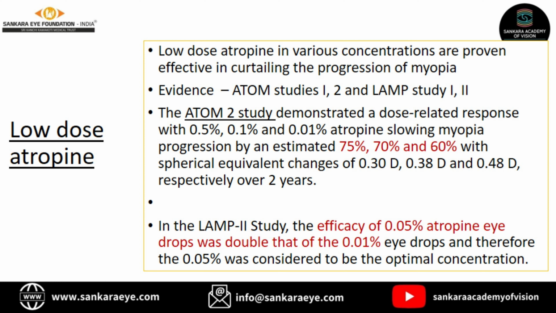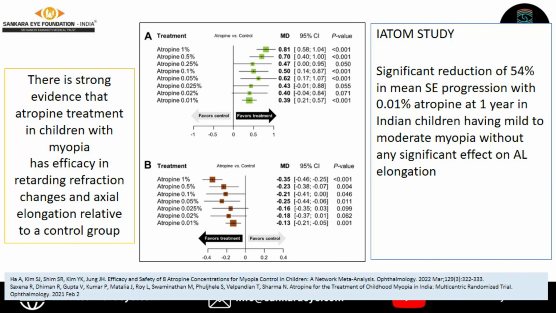When we look at the graphs I've just put up, you can see these are available at various concentrations and they're very effective. An Indian equivalent of the study was also done as a multicentric trial. One of the centers was our hospital. We found that nearly 54% of Indian children also showed good response with atropine drops. So atropine stands as the mainstay of treatment for us in reducing the progression of powers.